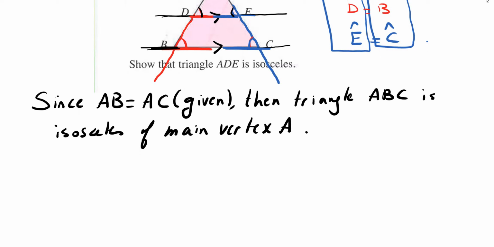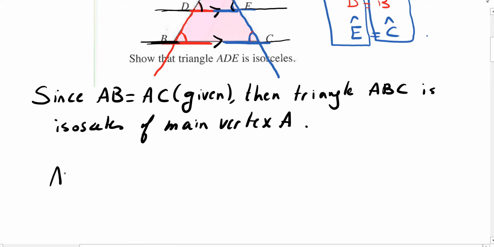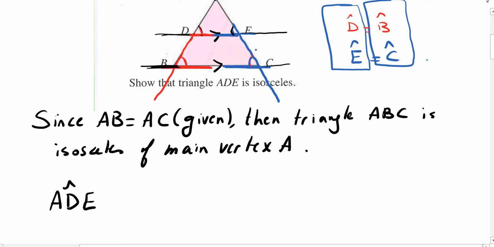Now let's start our proof. Angle ADE, because I want to prove that triangle ADE is an isosceles triangle, and again I need to prove that by the angles.